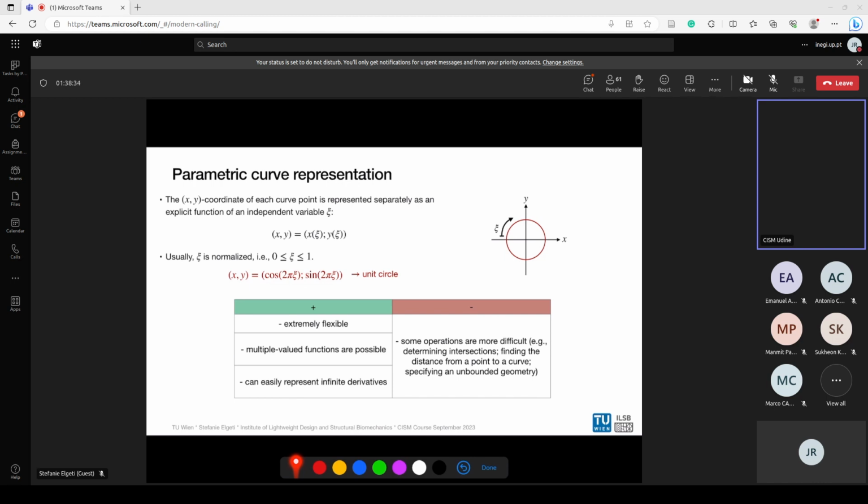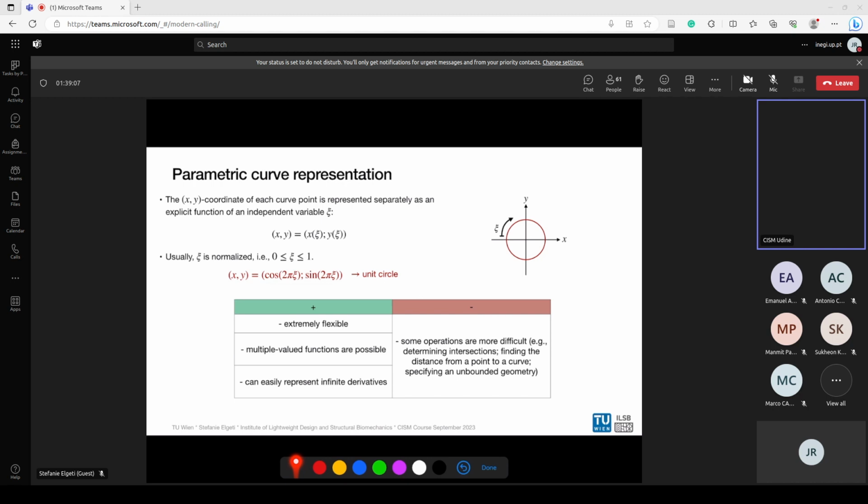So we have this additional coordinate system that is connected to the curve. Goes around the curve. Usually we normalize psi, so then it would be between 0 and 1. So the unit circle could be obtained with such an expression, in which case psi is basically the angle. Here on the plus side, we have that it's extremely flexible. We can represent multiple valued functions, and we can also easily represent infinite derivatives.